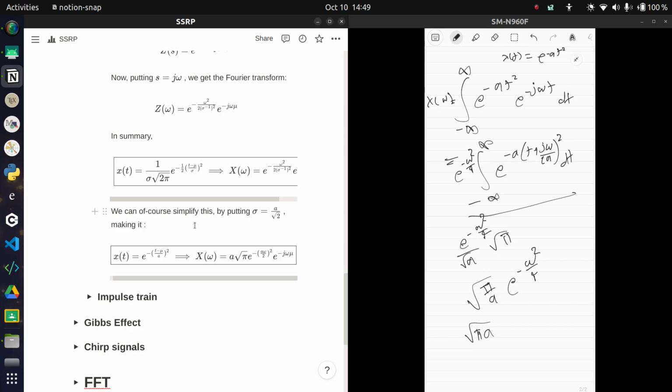This certainly has to be square root of pi, right? Am I missing something? Oh, okay, that's a square over there instead of that. So over here also you just have to put a square, and then you got e power negative a omega.